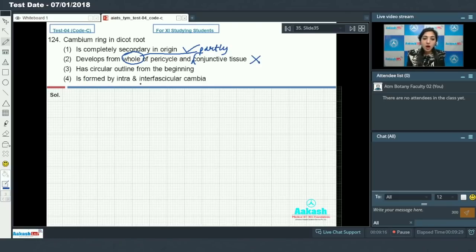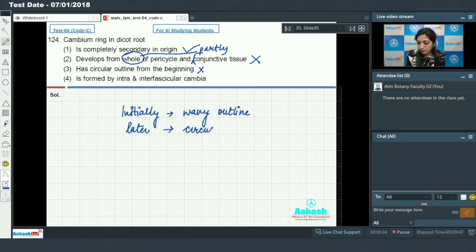It has circular outline from the beginning. No. Initially it has wavy outline, and thereafter it has circular outline. So this is an incorrect option.